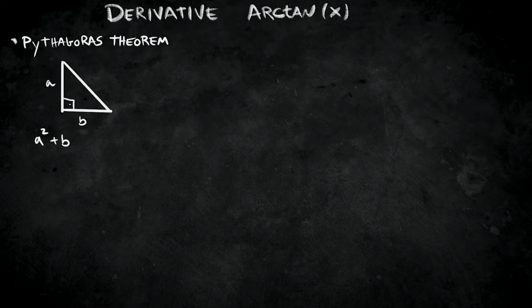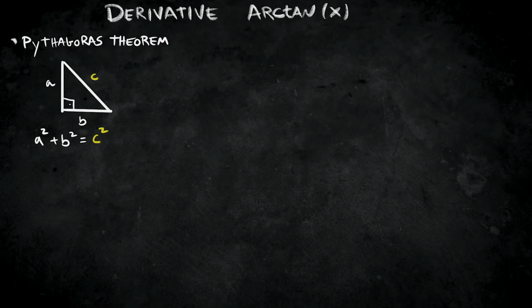Okay, so the theorem says a squared plus b squared is going to be equal to the hypotenuse squared. Let's call the hypotenuse c. So a squared plus b squared is going to be equal to c squared.